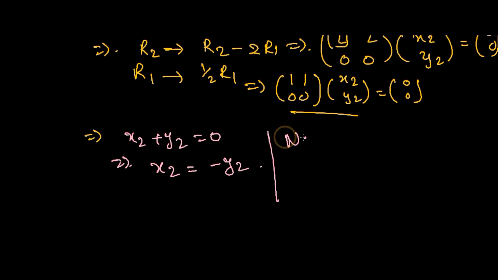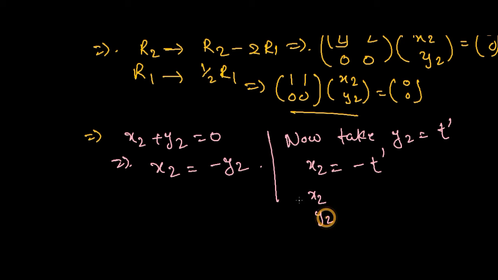Now take y2 equal to t dash, so x2 will be equal to minus t dash. So x2, y2, that is nothing but our eigenvector, can be written as t dash taken common, times (minus 1, 1).